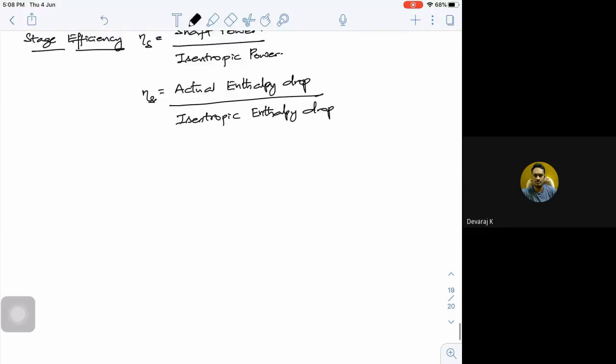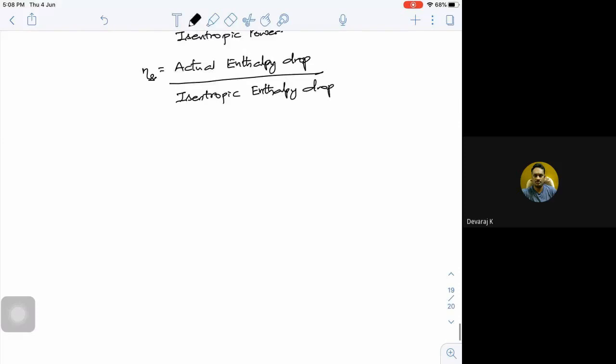If I try to express it on an HS diagram, this is my enthalpy and entropy diagram, and your pressure curves are diverging like this.